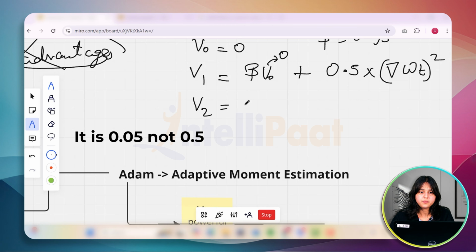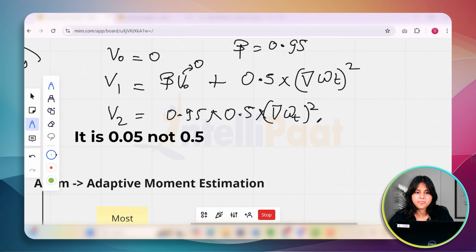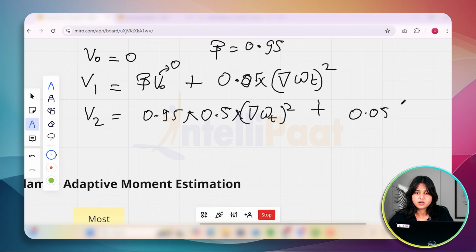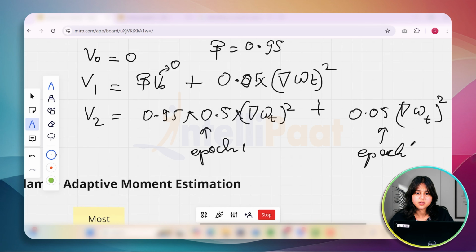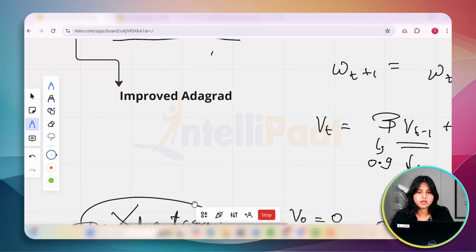Similarly, we calculate V2, which would be beta, 0.95, into V1, which is 0.05 into loss gradient square, plus we have our 0.05 into loss gradient square. So this is basically our epoch 1 and this is our epoch 2. This is how RMSProp functions, right?